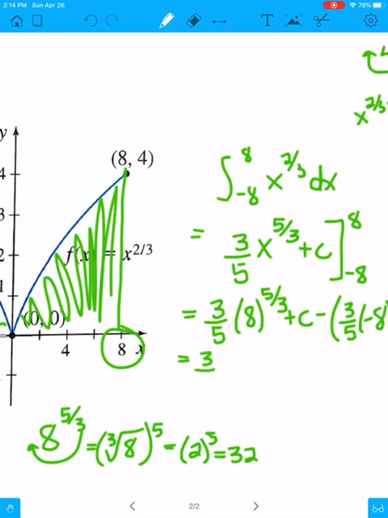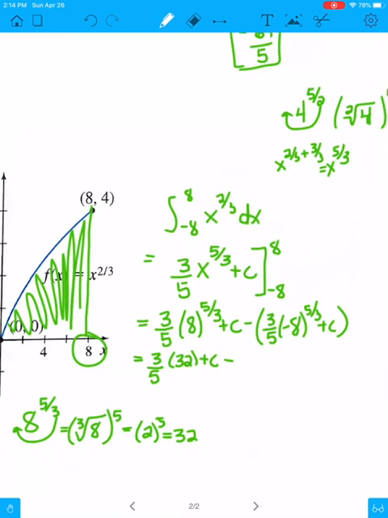So we're going to get 3/5 times 32 plus c minus, now -8 to the 5/3 is actually the same as saying the cube root of -8 to the 5, which is -2 to the 5, which is -32. Because you can take the cube root of a negative number.